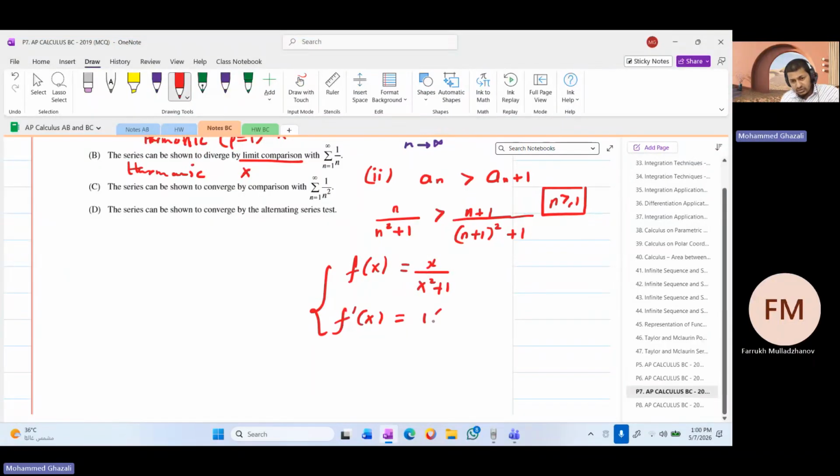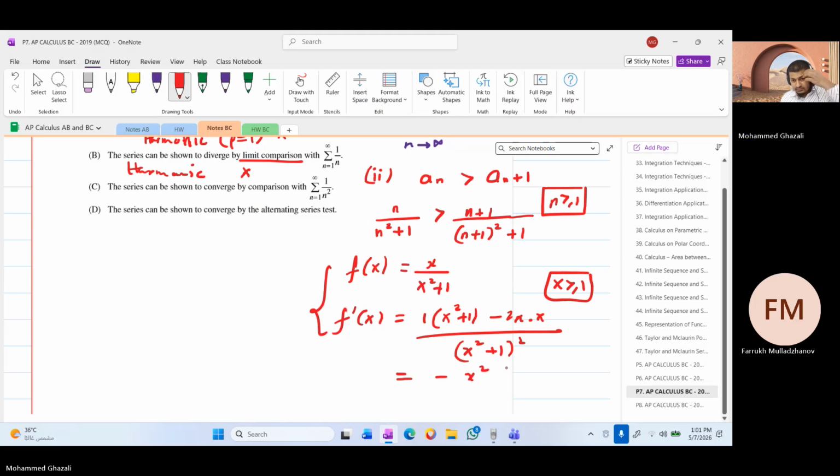Derivative of the top is 1, leave the bottom, x squared plus 1. Subtract derivative of the bottom, which is 2x, leave the top, x, all over x squared plus 1 all squared. Now remember, x has to be greater than or equal to 1 because of the same concept.